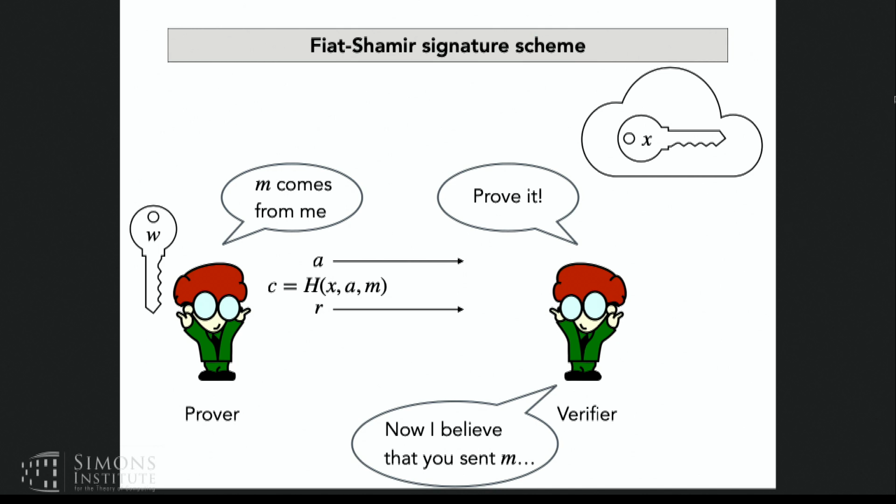And if the proof system has a number of additional properties, then the verifier can be sure that whoever generated this proof actually had the witness, aka the secret key, and intended to send the message M. So that's how a Fiat-Shamir non-interactive proof system can be used to construct a digital signature scheme.